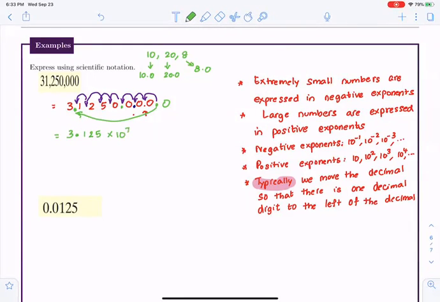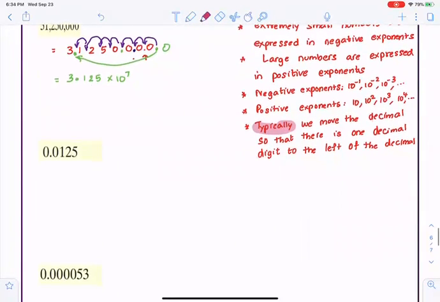And by one digit to the left of the decimal, I meant this 3 that we see right over here. Again, the word of caution, this is not the only way to represent this number. For instance, I can move it by one more decimal to the left and write it as 0.3125.